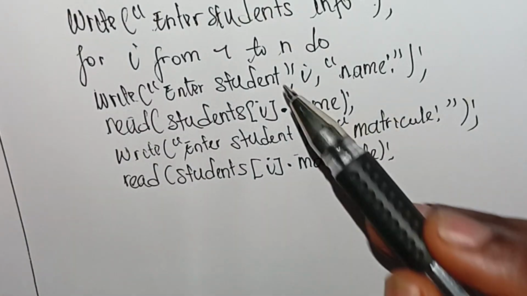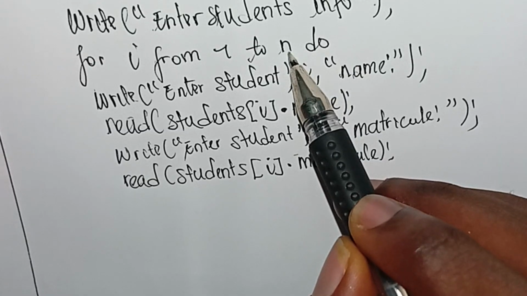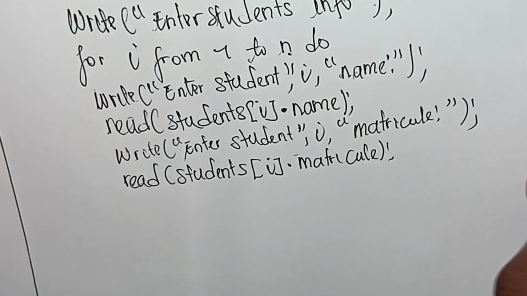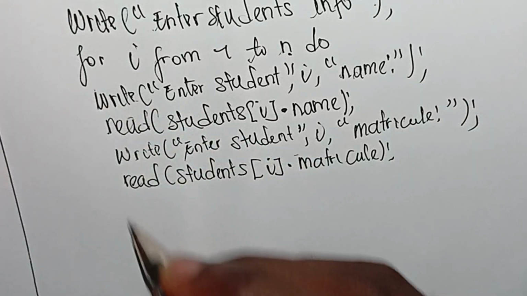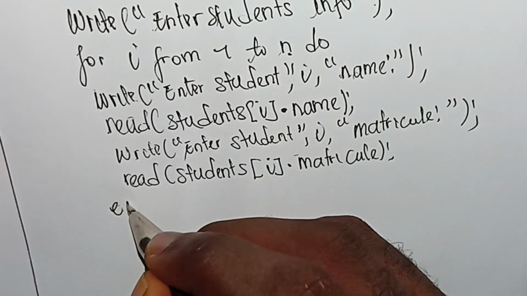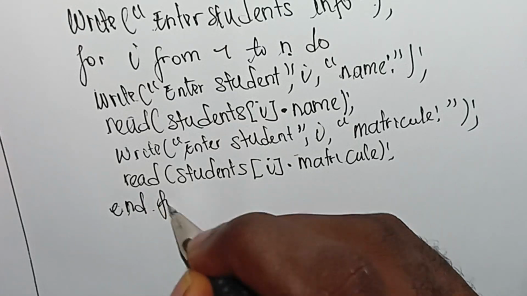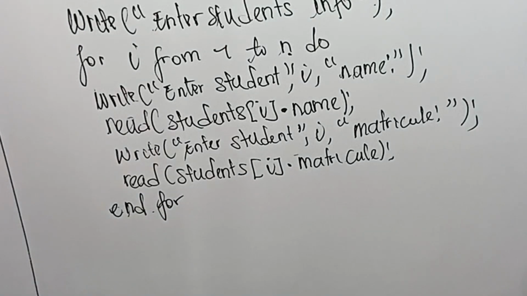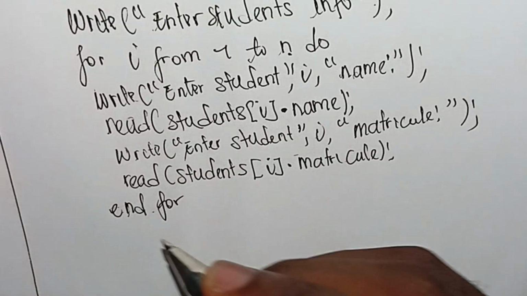And this for loop is going to run for the size of n. So remember when I asked 500 students or 5,000 students? Well, here it is. So this will have 5,000 arrays which are further divided into subcells. Now we want to end for. And we want to write something like all students' informations were successfully collected.